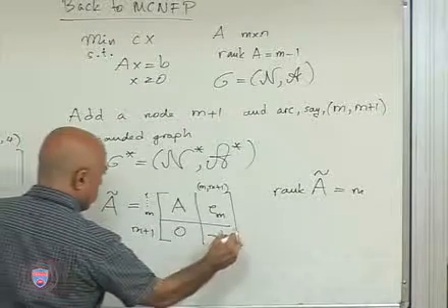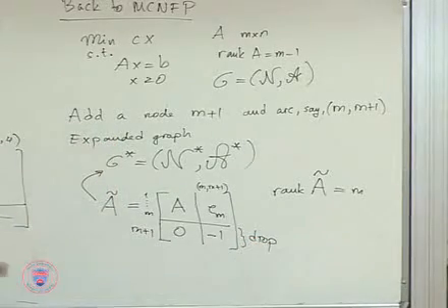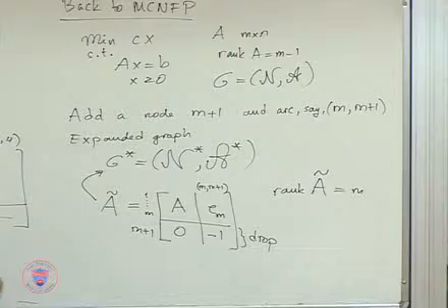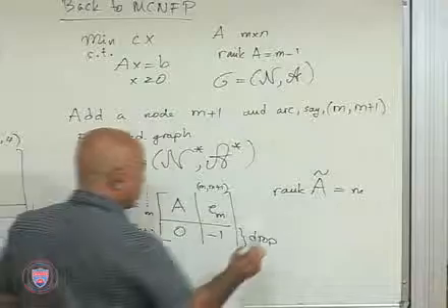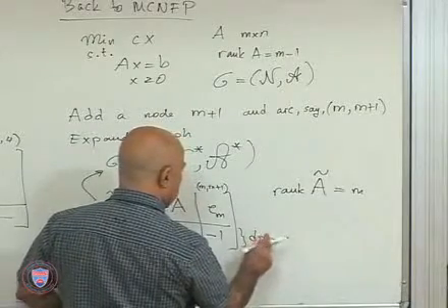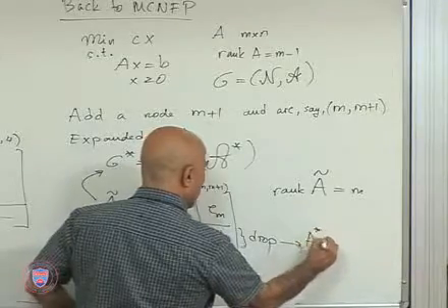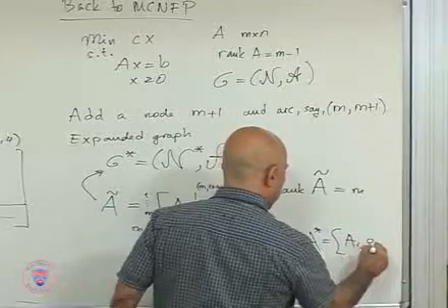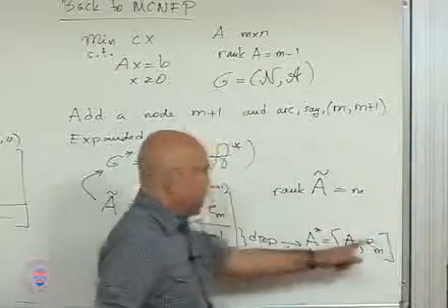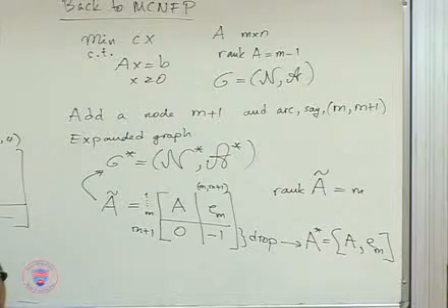And I'm going to drop this. So we don't really work with the exactly expanded one. We drop the last node, and when you drop it, the resulting matrix, which I'm going to call A star, has the look of A and e_m, with e_m tagged as a new column at the end. The row is dropped.